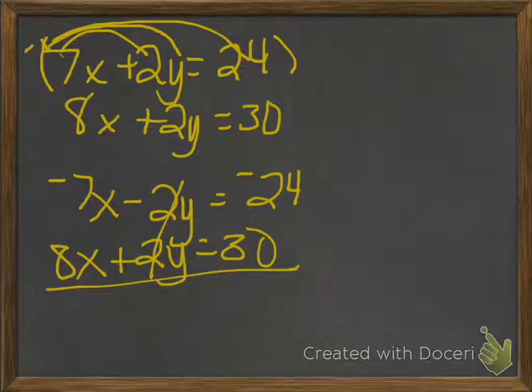Now just go through and combine my like terms, or add my equations, right? So negative 7x plus 8x will give me a positive x. Remember, different signs, find the difference, take the one with the largest absolute value, which would be 8. So it would be positive. And then on this side, I have negative 24 and I have 30, right?